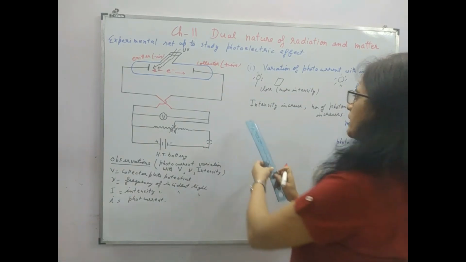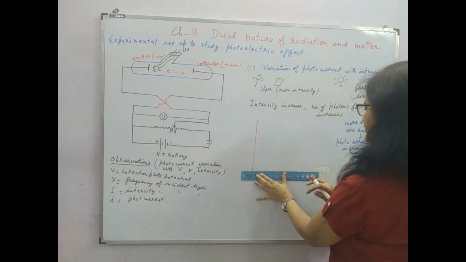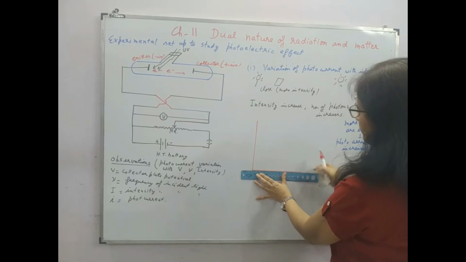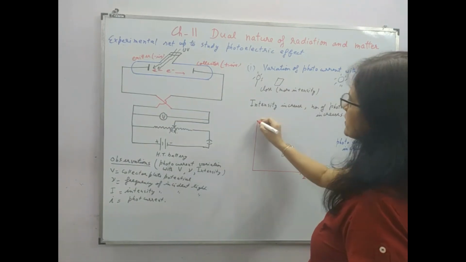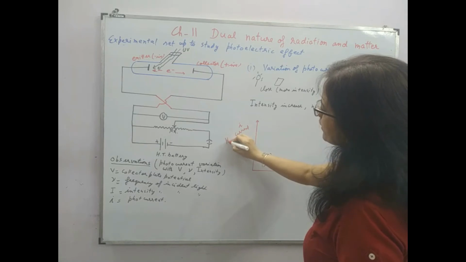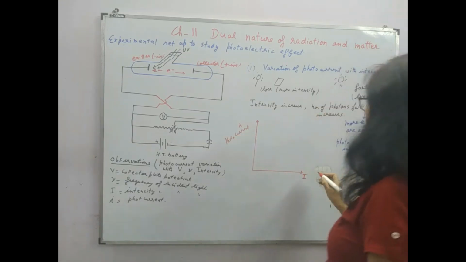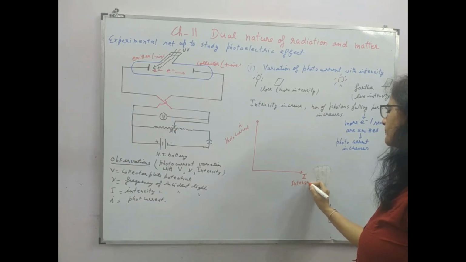So we can draw a graph showing this. If we are plotting a graph with photocurrent on the y-axis and intensity on the x-axis, so this small i is photocurrent more specifically, and this is intensity of light.